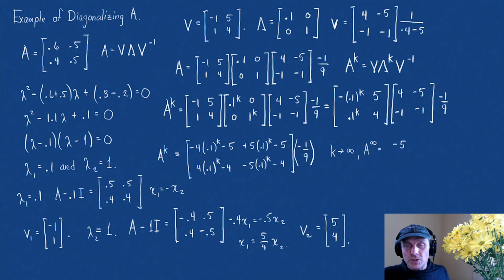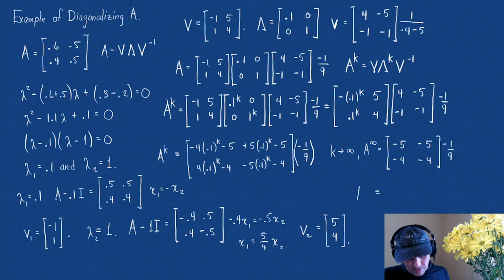Then my row 2, column 1 entry, again, I'm going to have 4 times 0 effectively, so that's going to leave me with a minus 4. Now when I work on row 1, column 2, I'm going to have 5 times 0, or this would be a minus 5. And row 2, column 2 is going to be a minus 5 times 0, minus 4 times negative 1/9. And I'm going to clean this up.